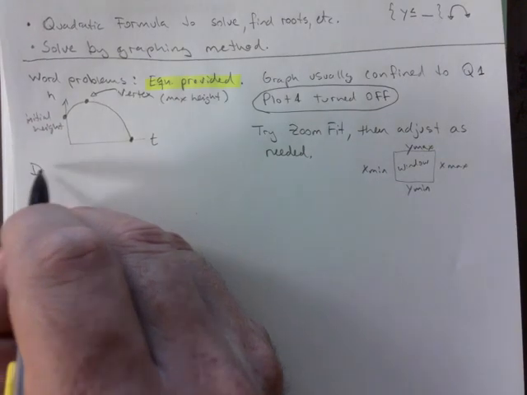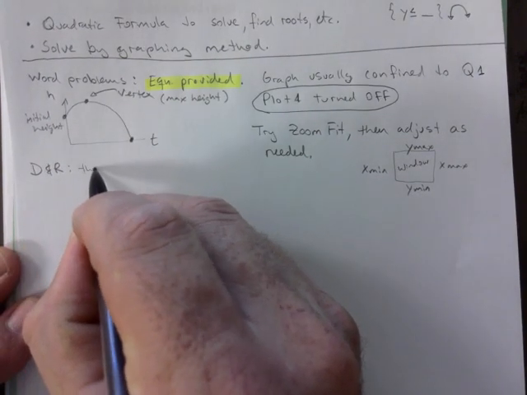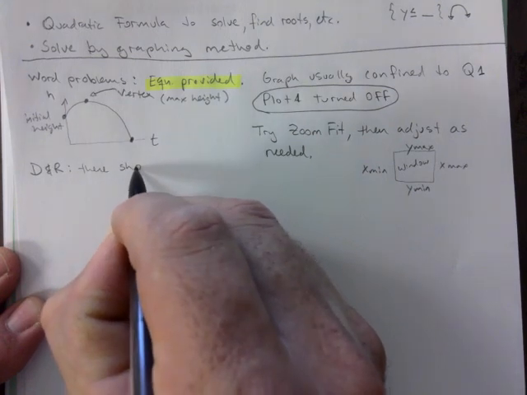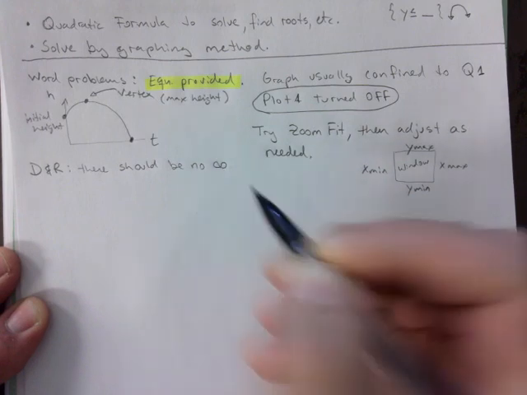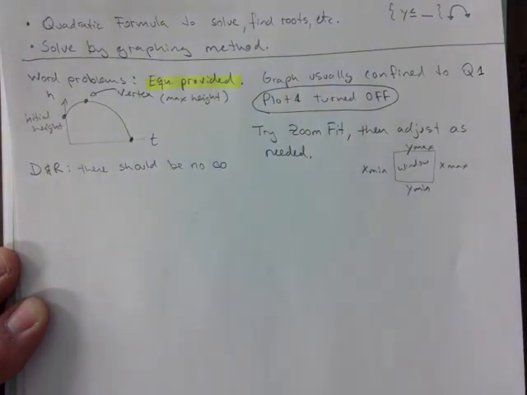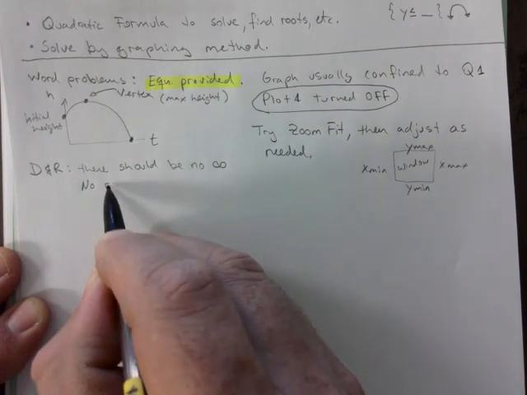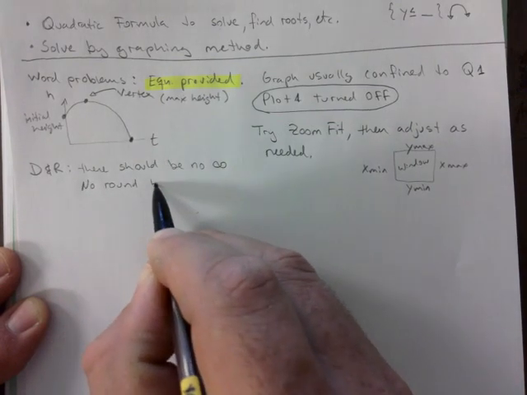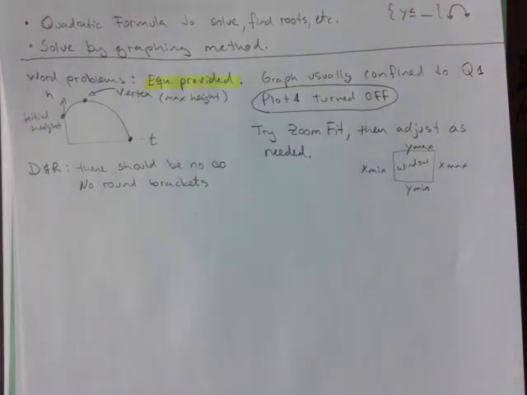For domain and range, there should be no infinity, no round brackets. Smallest first, largest second.